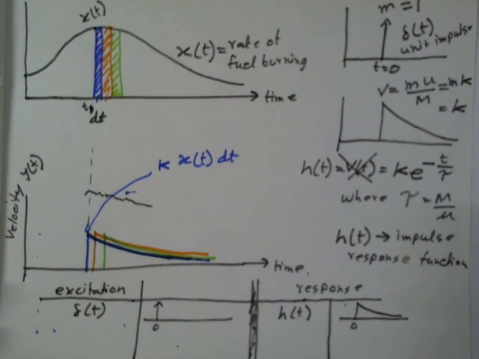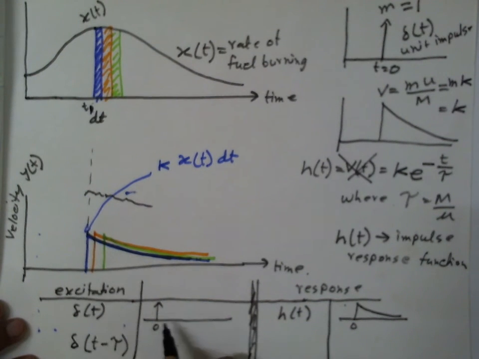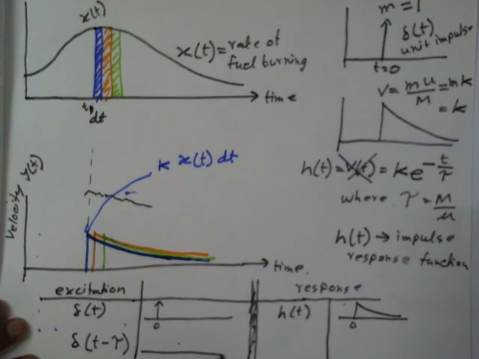So that means if I now delay this excitation by an amount tau, so by this I mean that instead of burning the fuel at t equal to 0, I wait until t equals tau.